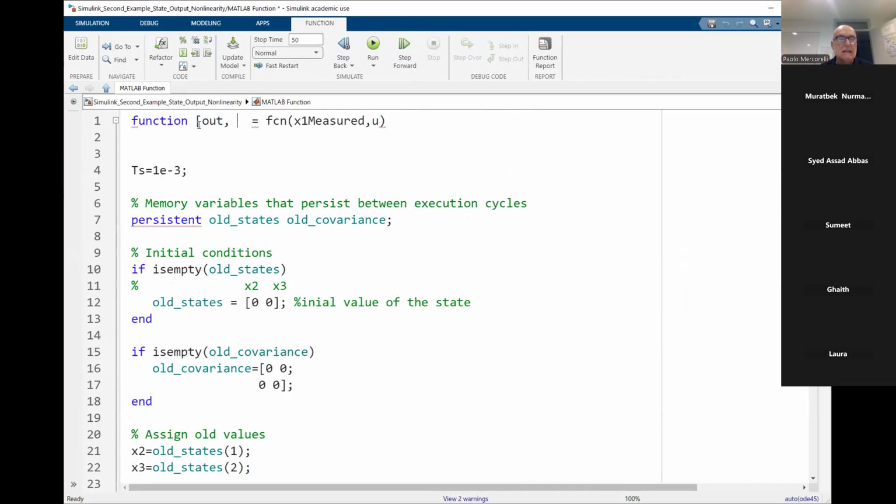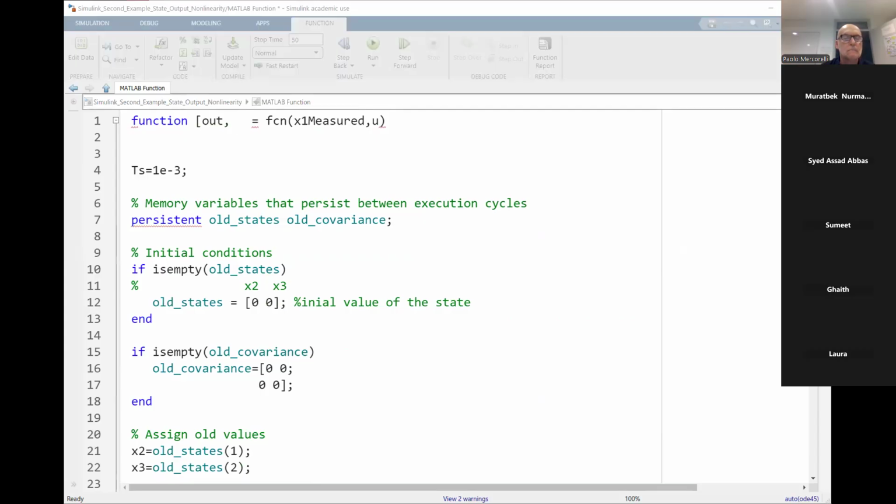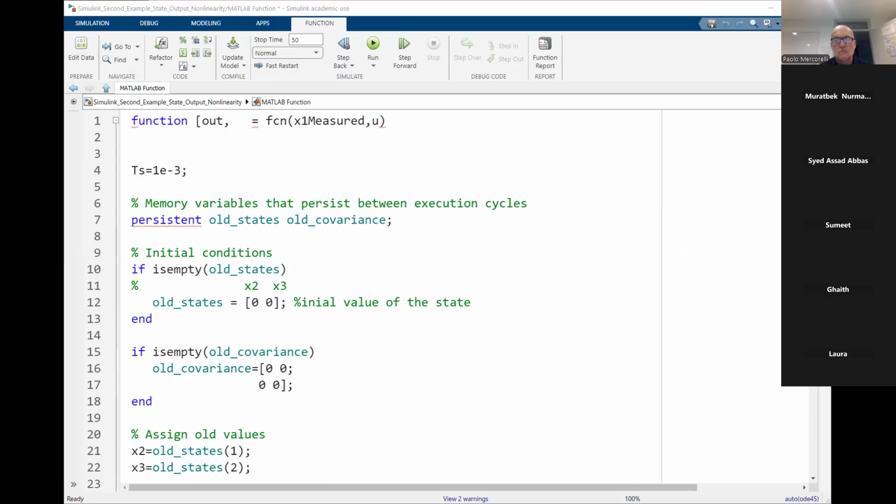Let me see the syntax. If I define the different output, let me see the syntax, but I think comma. I'm looking for in the help. Yeah, I remember well.